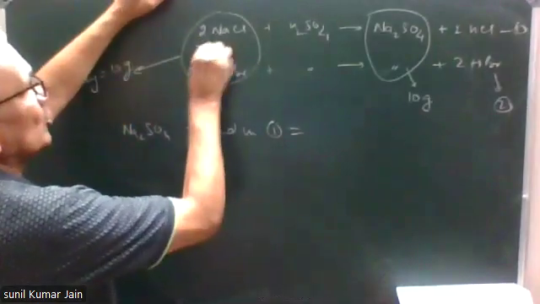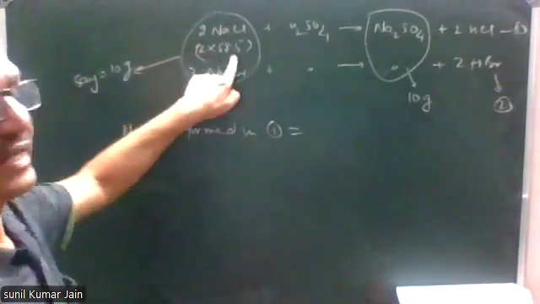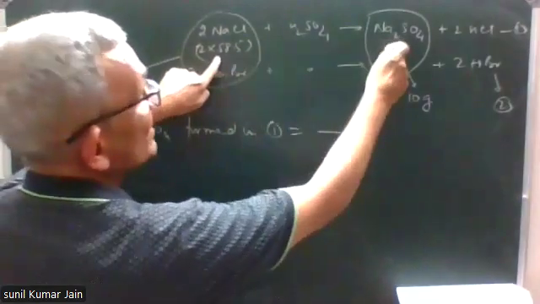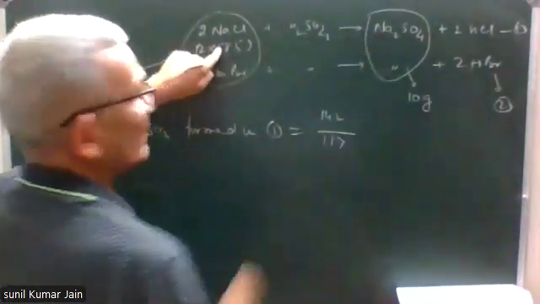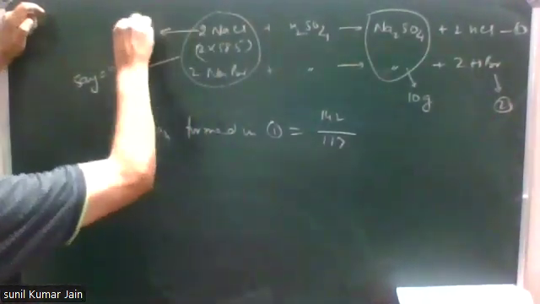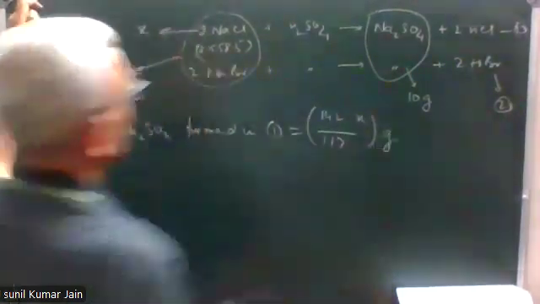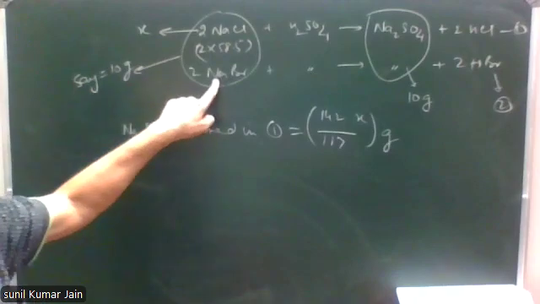This is 2 into 58.5, that is 117. 117 gives 142. That is the molecular weight. 1 gives 142 divided by 117. And if this is X grams, X will give so much. Now, if this is X grams, naturally this will be 10 minus X grams.